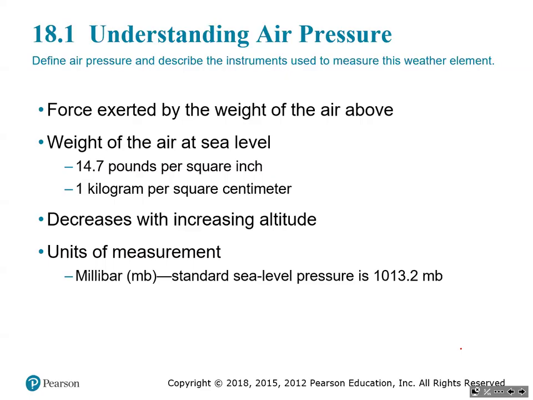So 1 bar is a nice round number in SI units for pressure. The SI unit of pressure, which is a Newton per square meter, is called the Pascal. 1 bar is 100,000 pascals. It's 10 to the 5th pascals.